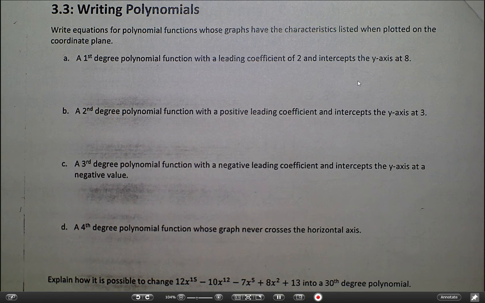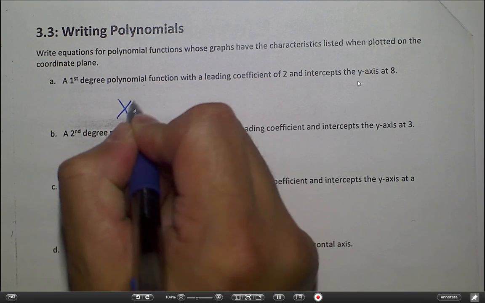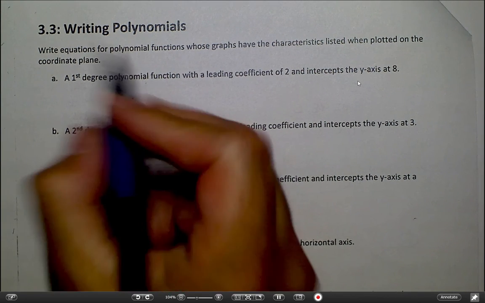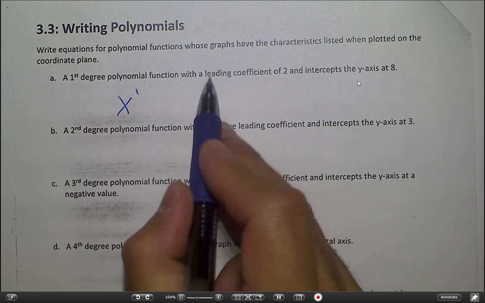All right. It says write equations for the polynomial whose graph has the characteristics listed when plotted on the coordinate plane. A first degree polynomial. So what am I going to write for that? First degree is just x to the 1, right? x to the first, like that, with the leading coefficient of 2.